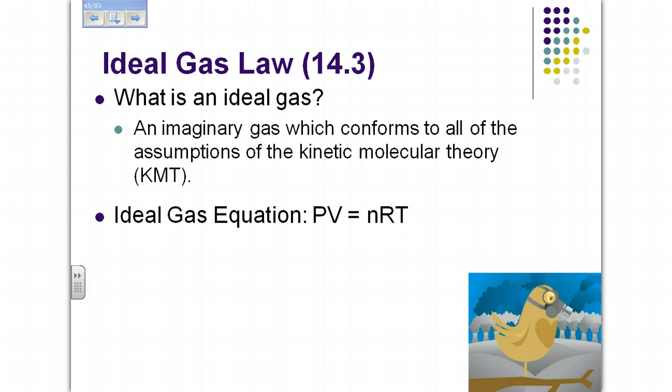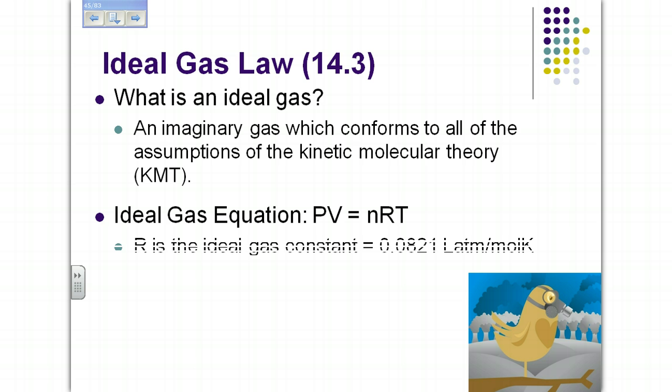Now, the ideal gas equation is PV equals nRT. P is pressure, V is volume, n is the number of moles, R is a constant, and T is temperature. R is the ideal gas constant, and the value for this is 0.0821, and the units for it tell you the units that all the other pieces have to be in.